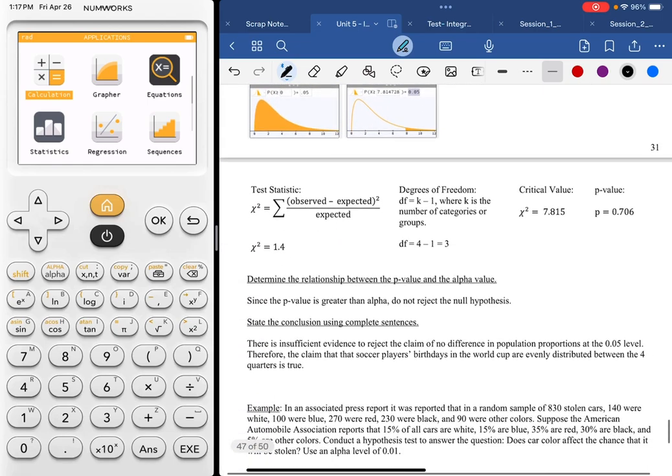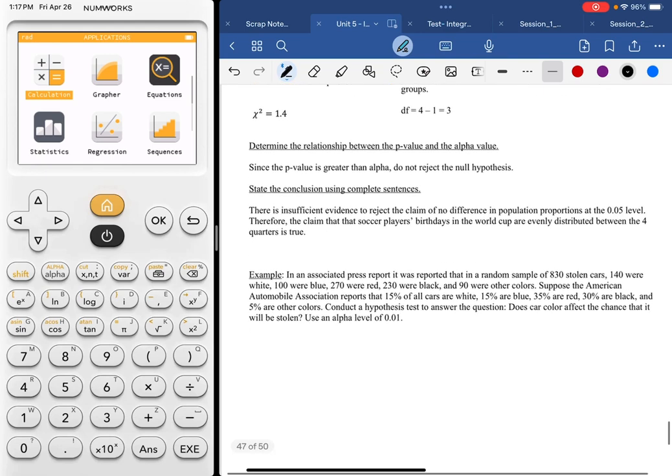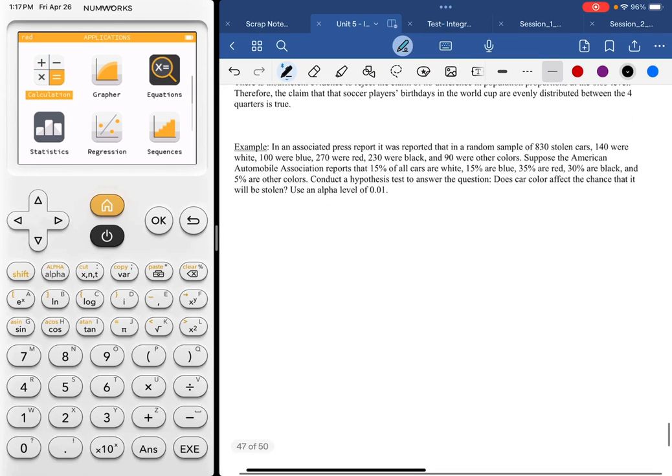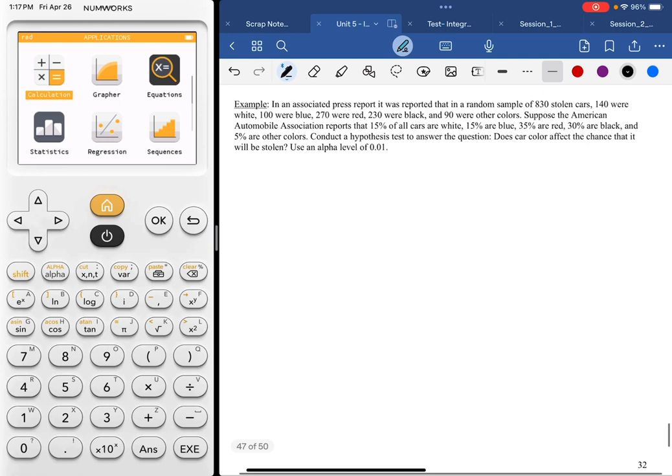All right, but let's tackle an actual problem, one where I'll guide you through it. The example: in an Associated Press report, it was reported that in a random sample of 830 stolen cars, 140 were white, 100 were blue, 270 were red, and so on.